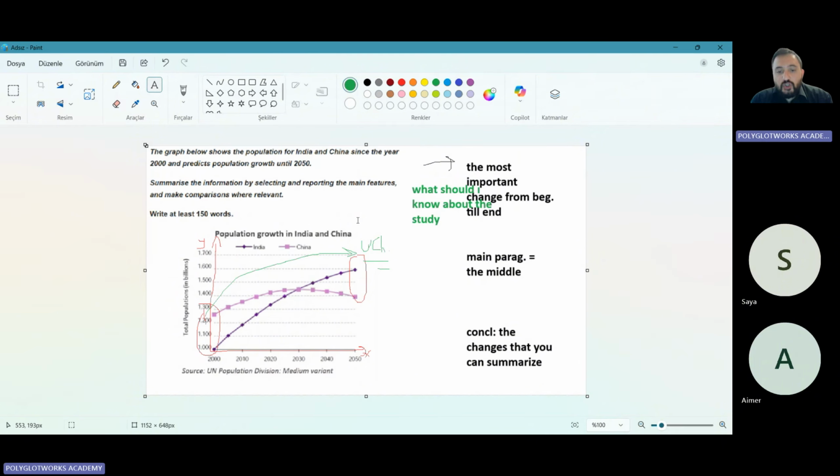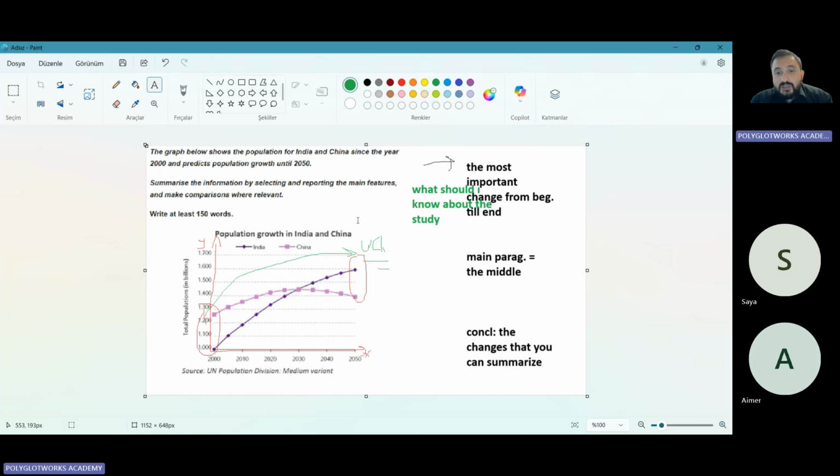During a 50-year time span, there will be a curve. There will be an increase and decrease for China. However, there is an upward trend for India. I can say like this. This is the first one. Second one, what can I say? A more neutral version for it.